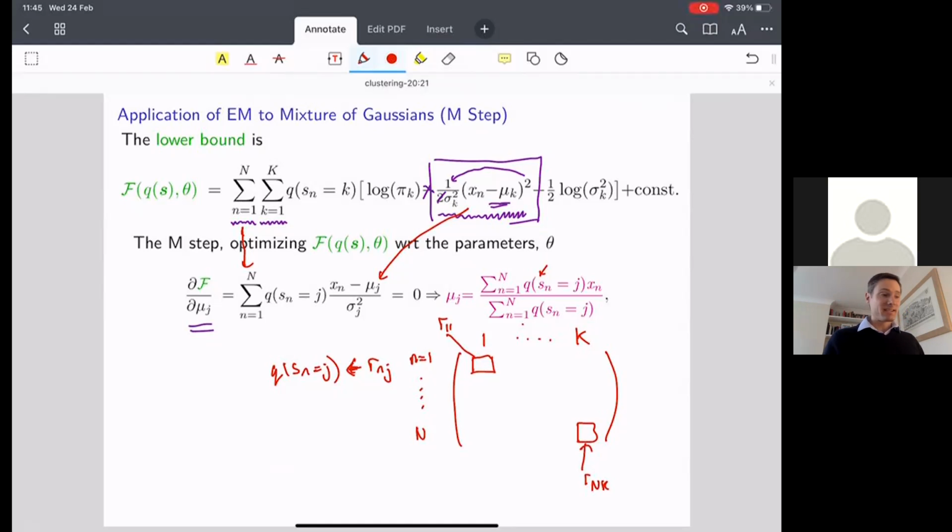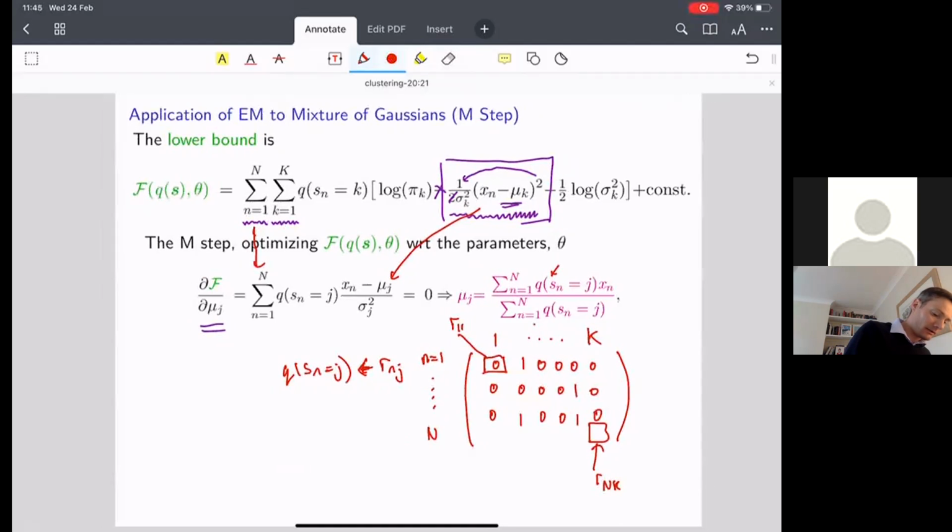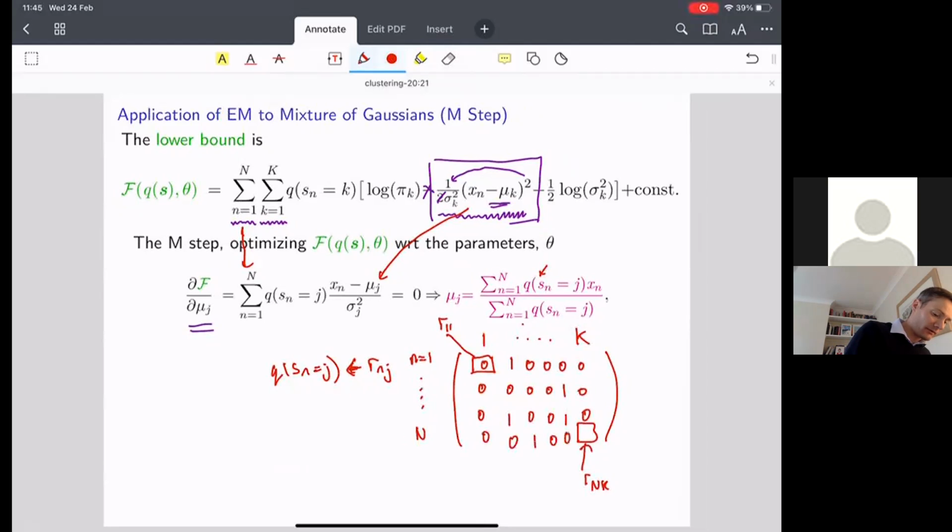So in the case where our clustering is really confident, we might get these things filled up with zeros and ones. This corresponds to really confident assignments where we're dead sure which cluster each data point comes from.